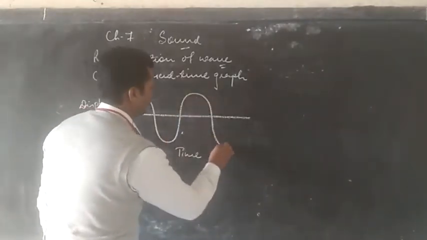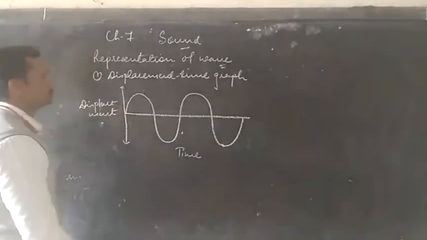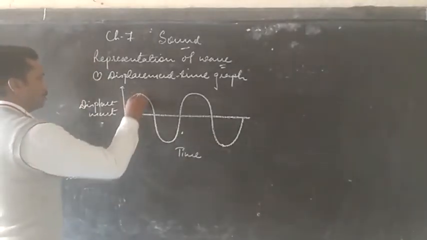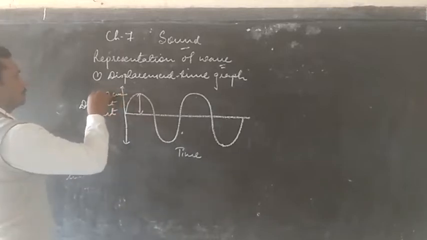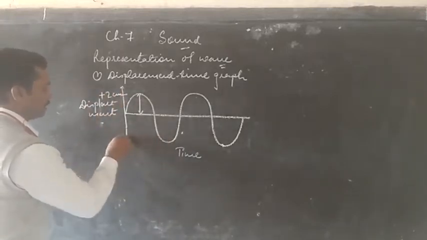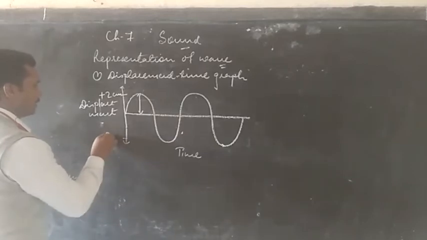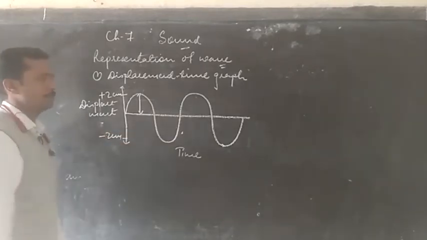There are two complete waves made, and the amplitude we can consider as plus 2 centimeter, and below the x-axis we can take it as minus 2 centimeter.